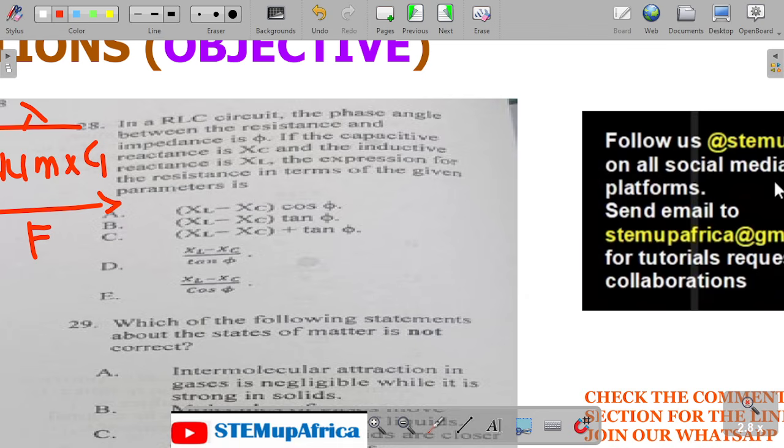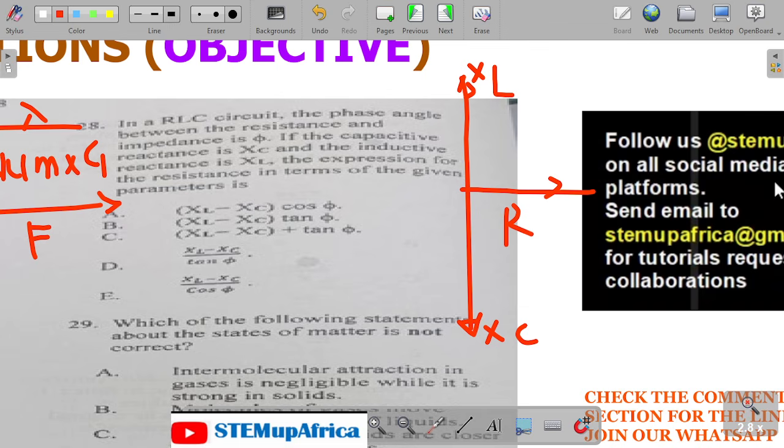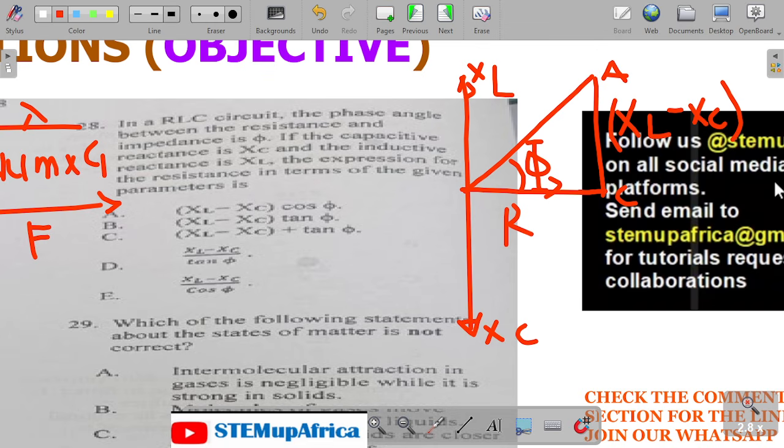Let's look at 28. Say in a resistor, inductor, capacitor circuit, this is how it is. Here is my XL, here is my XC, here is our resistance. From here to here, the change is now the phase angle. From here to here will be XL minus XC, if you are used to the concept of resolution of forces.